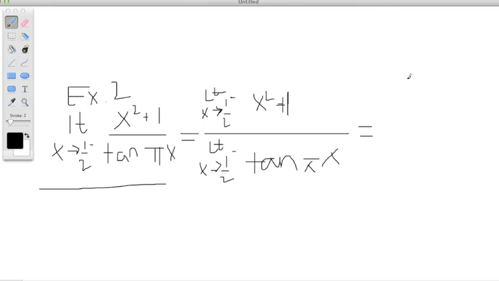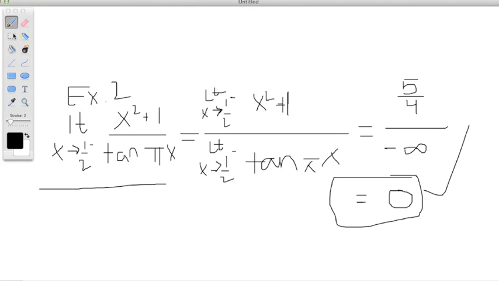For the first one, the limit as x approaches 1/2 from the left would be 5/4 when you plug in 1/2. The limit of tangent pi x would be negative infinity. When you divide any number by infinity or negative infinity, it would be 0. So the limit for this whole problem would be 0.